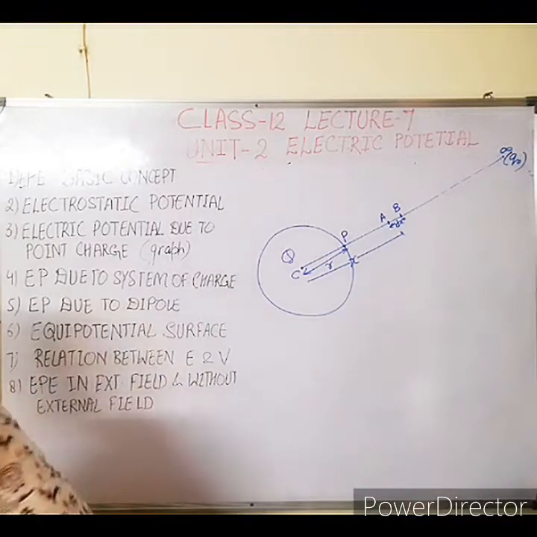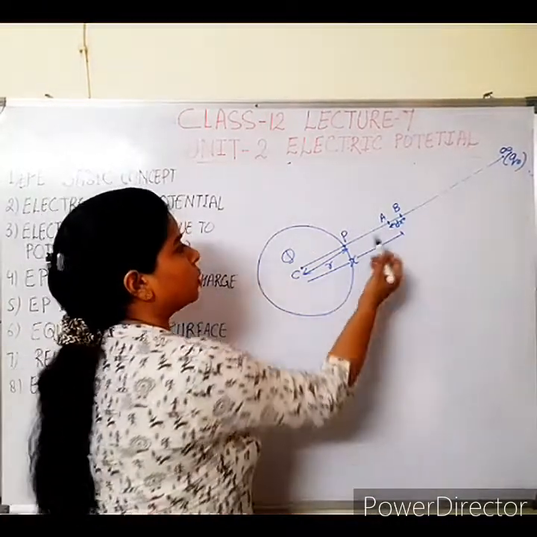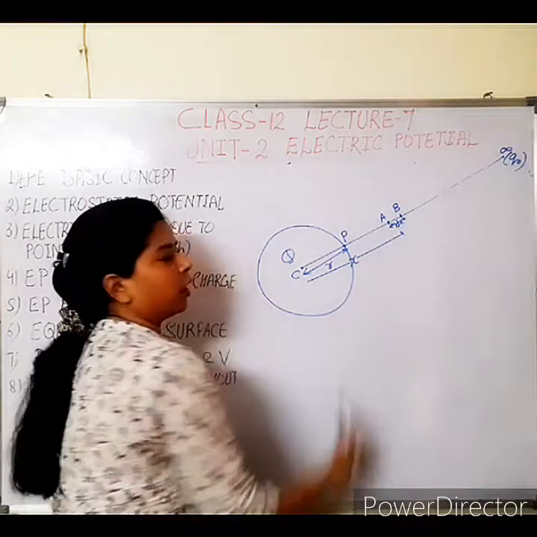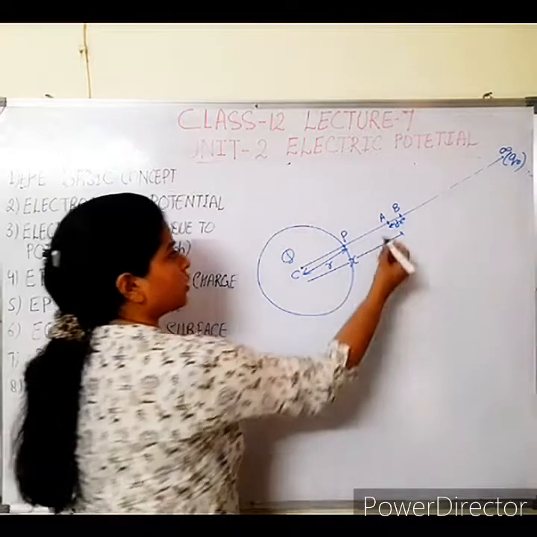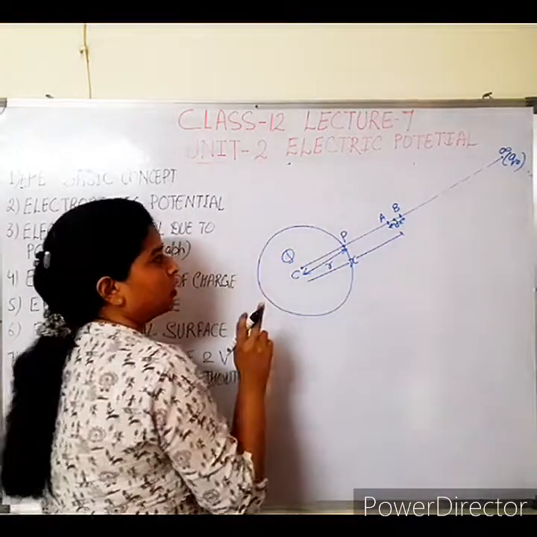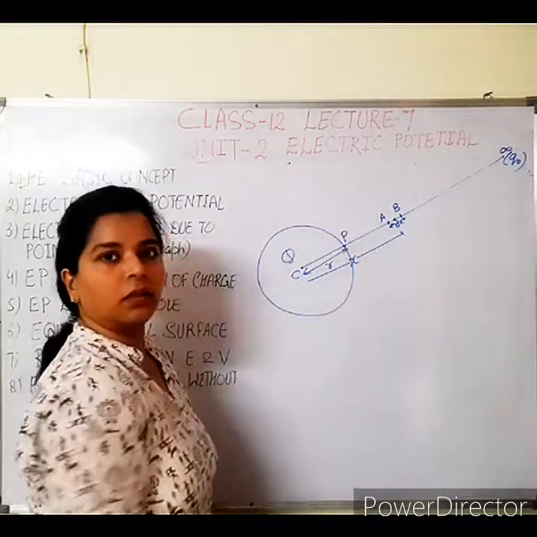Now come to the derivation step. We will take the case of the small amount of work done to bring the test charge body from B to A. Before this, we need to see the direction of force so that we can find the angle between the electrical force and the external force.